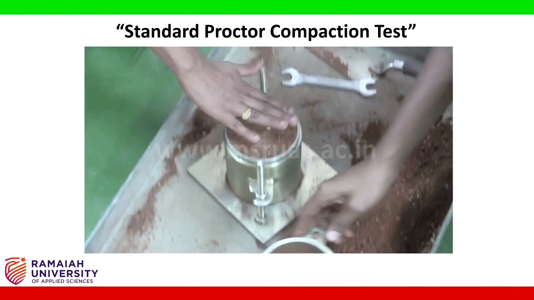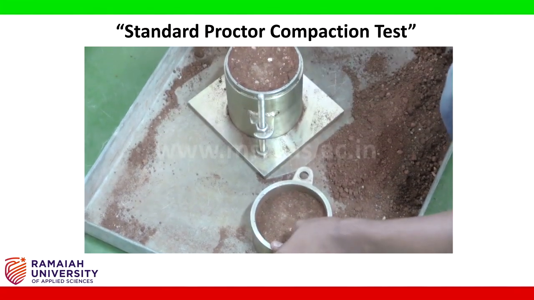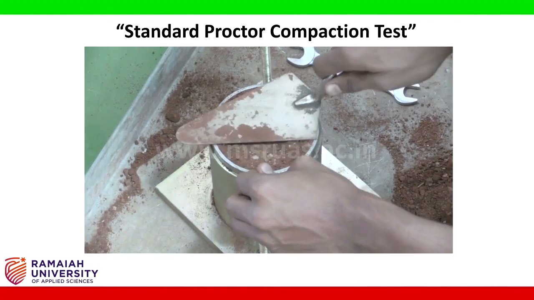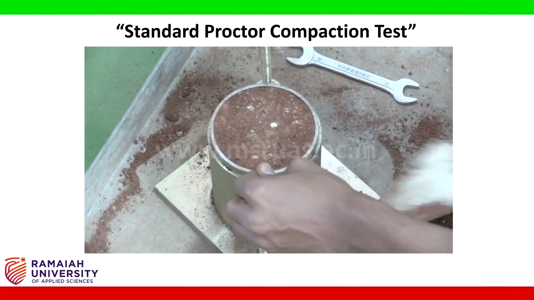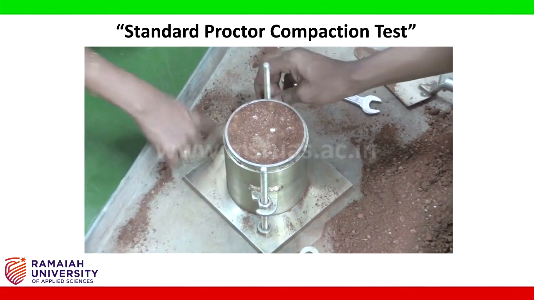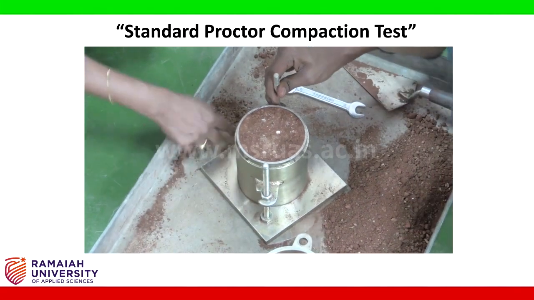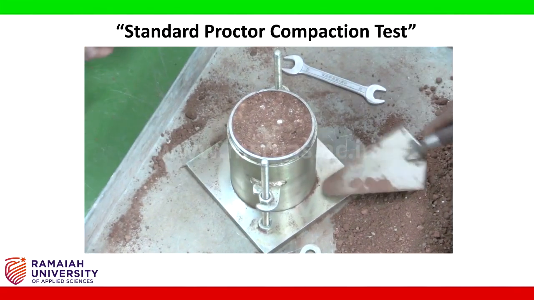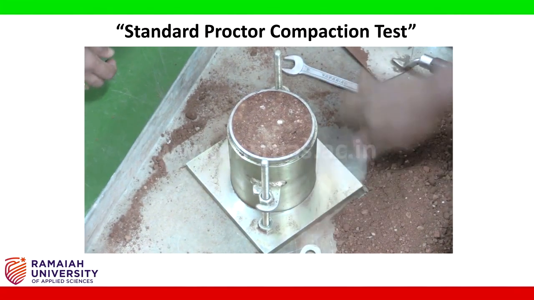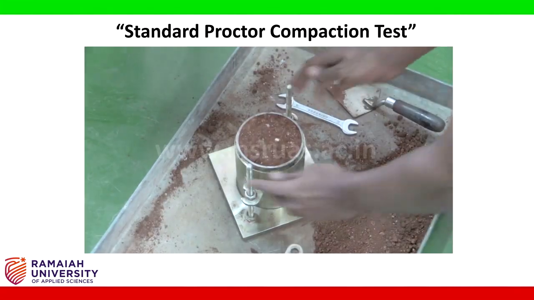Now level the top surface of the soil sample. Remove all the dirt and mud from the sides of the base plate as well as the mold and weigh it with the soil sample.